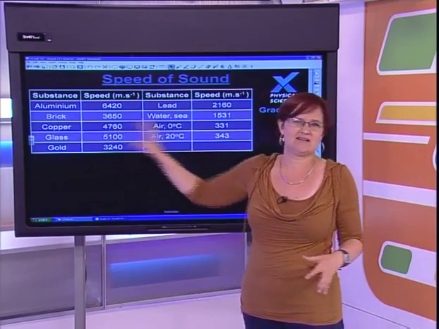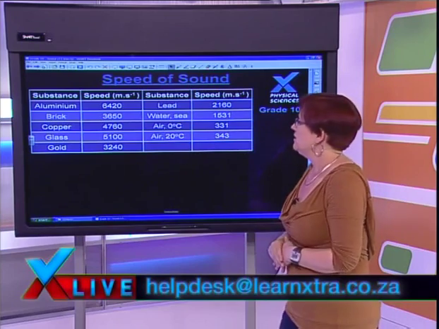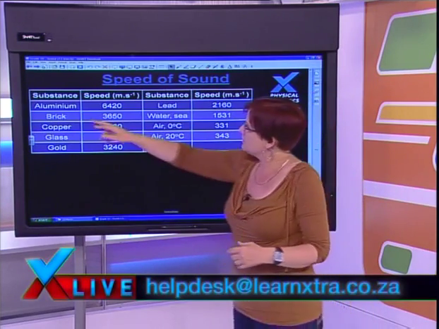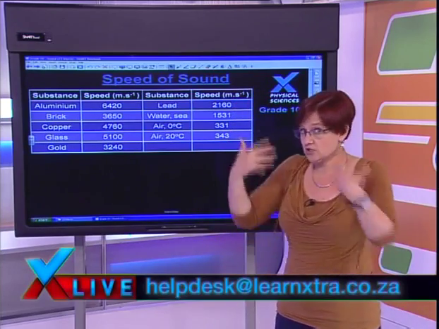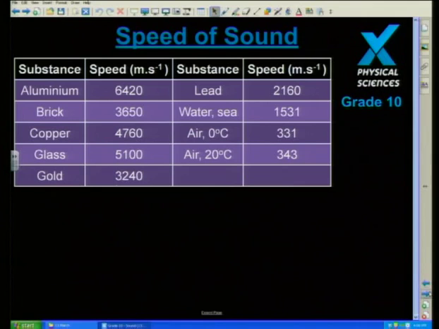Now, this isn't by any means a complete table of the different things we can hear sound through, but for example, in aluminium, normal sound, like if I was talking, travels at 6,420 meters per second. That's very, very fast. In a brick, it goes at 3,650. In glass, 5,100.